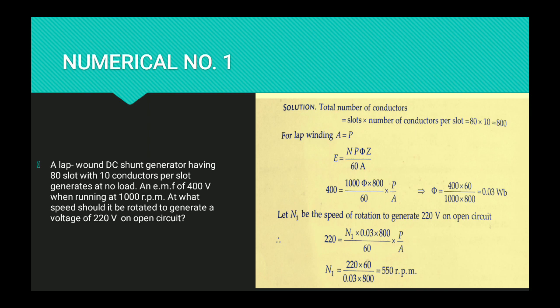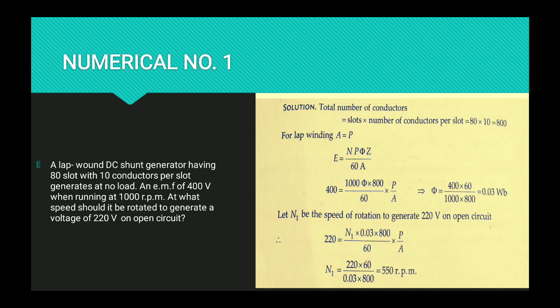Let N1 be the speed of rotation to generate 220 volt on open circuit. That means the terminal voltage is 220 volt and the generated EMF is also 220 volt. In case of open circuit, the terminal voltage is the same as the generated voltage.